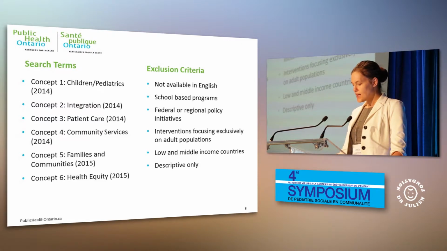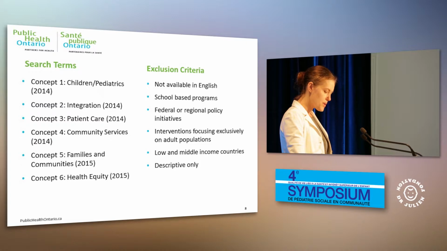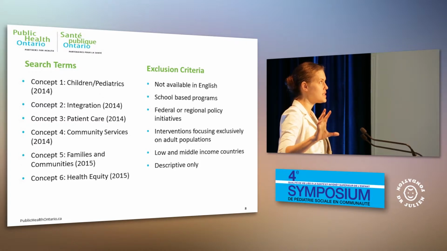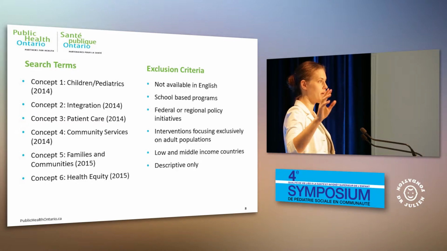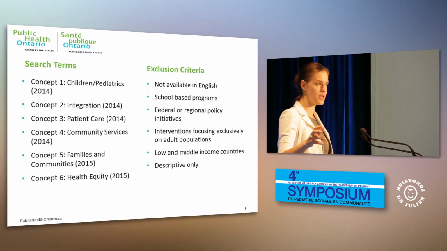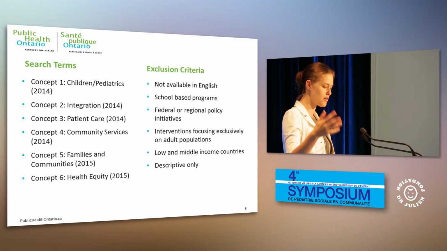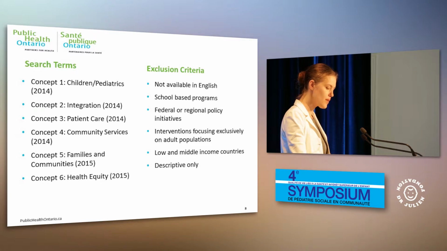We excluded those that didn't have all of integration, embeddedness, and health equity. In some cases you might have had one or more, but we insisted on having all 3. We excluded low and middle income countries, and importantly, we excluded articles that were descriptive only.